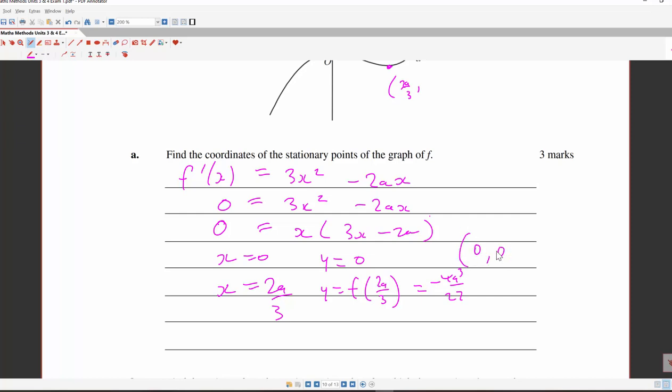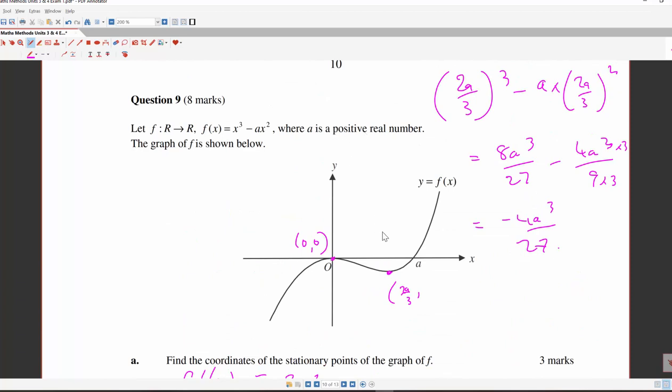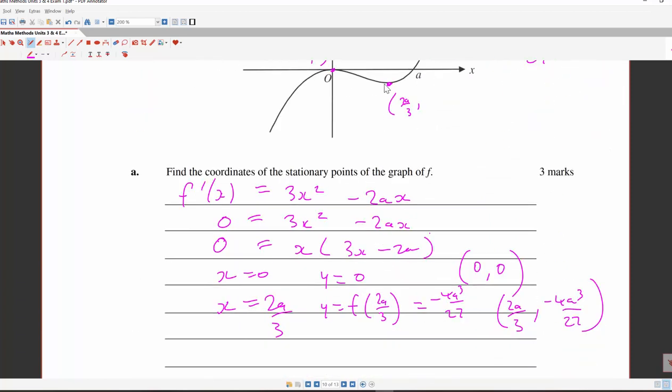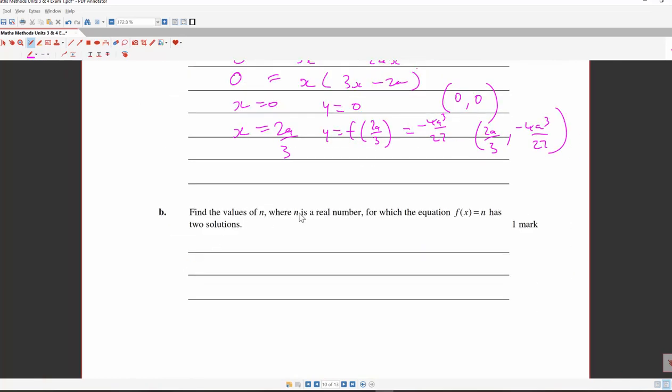Let's list them as coordinates or ordered pairs: 2a on 3, negative 4a cubed on 27. A is positive, which means it's a negative number, which seems appropriate there. All good.